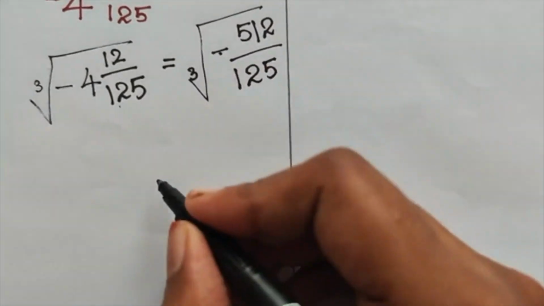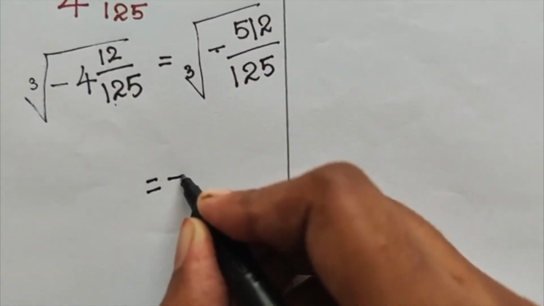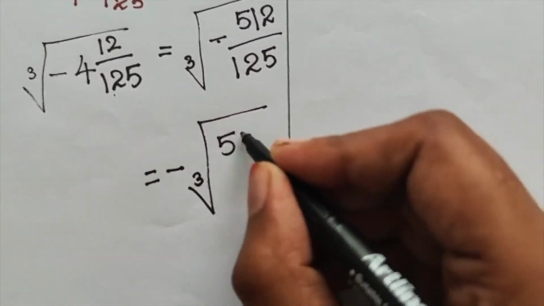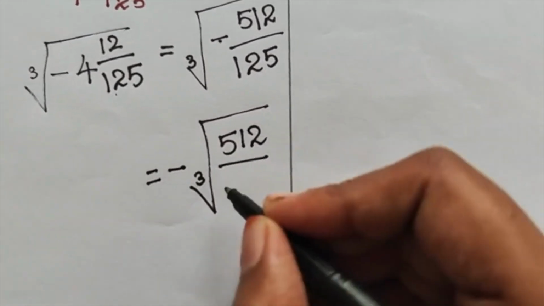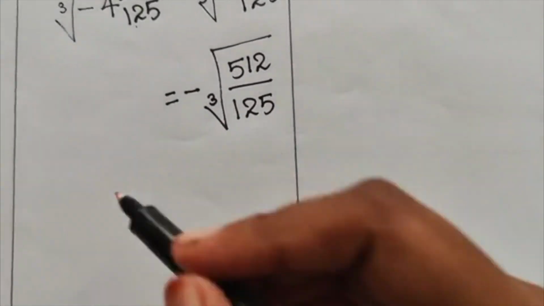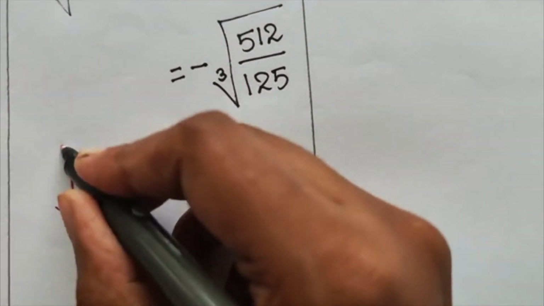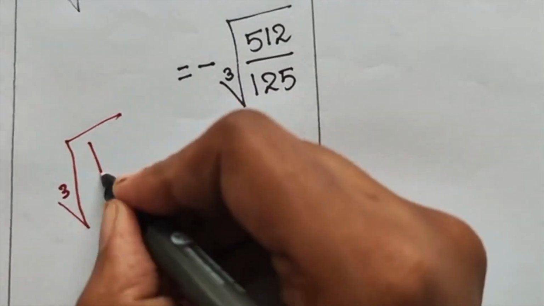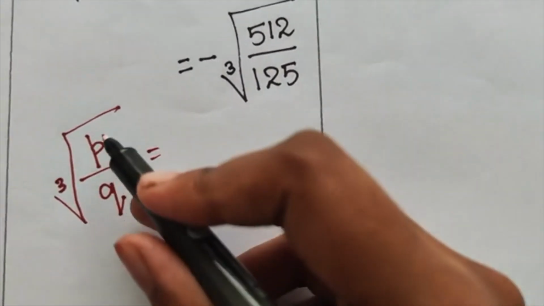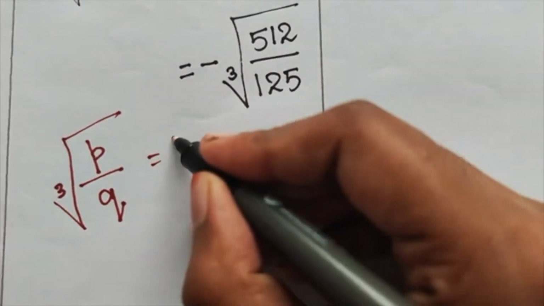Here we have a minus. We can bring the minus outside. So we get minus of the cube root of 512 by 125. You need to learn a formula here. The formula is, if we have the cube root of p by q, we can write cube root for the numerator, cube root for the denominator.